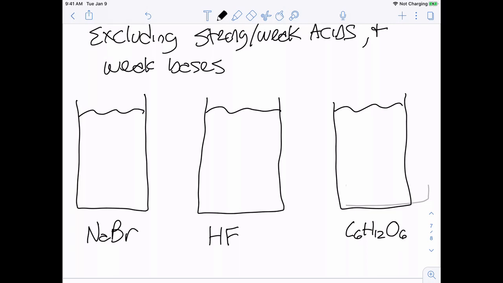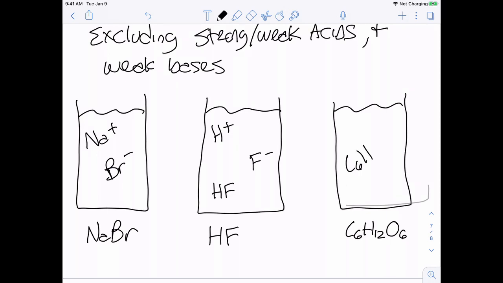So if I was to put sodium bromide in water, because it's a strong electrolyte, all of it is going to separate. And there's one sodium ion for every one bromide. HF, I am going to ionize into hydrogen ions and fluoride ions, but there's also some HF in solution, right? Only part of it is dissociating. It's actually ionizing and then recombining. It's a reversible reaction. And then my non-electrolyte, none of it's separating.